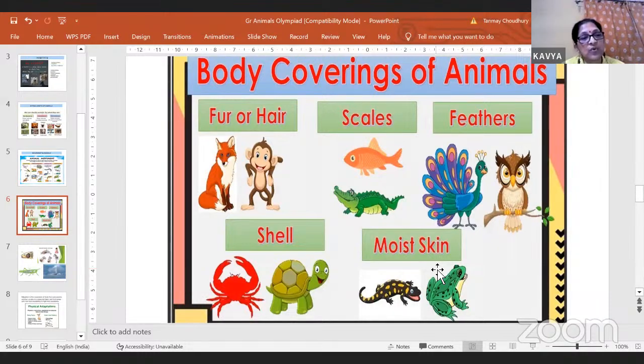When they go into water, they breathe through their moist skin. These are the body coverings of animals. So fur or hair, like in mammals; scales, like in fish and reptiles; feathers, like in birds; shell, for example, in invertebrates like insects, crab, lobsters, oysters, or in some vertebrates like turtles and tortoises; and moist skin, for example, in frog and salamander.